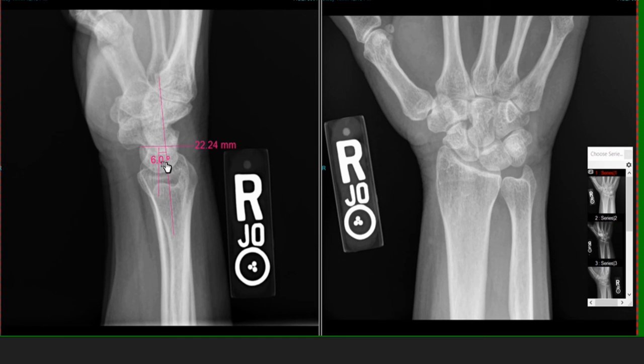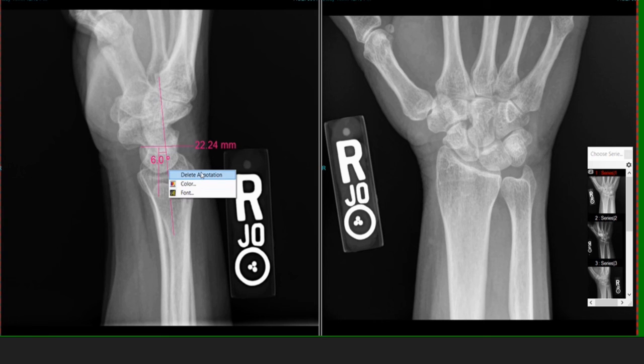When I initially measured it, it came in at 4.6 degrees. In either case, you can see that the software is fairly accurate depending on how you draw these lines. And still, even at 6 degrees, the radiolunate angle is within normal limits as described by the AMA Guides. Okay, so there's your radiolunate angle.